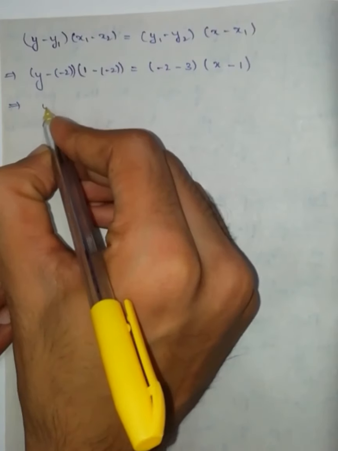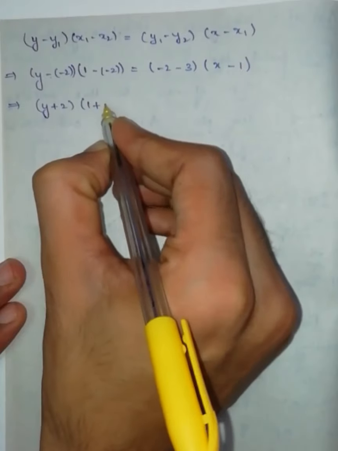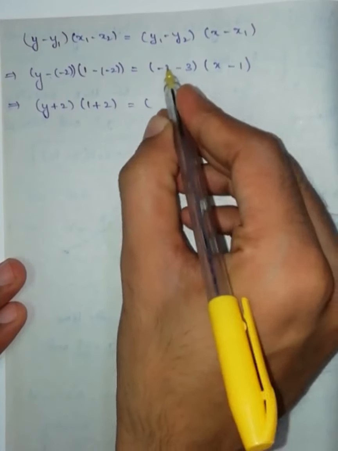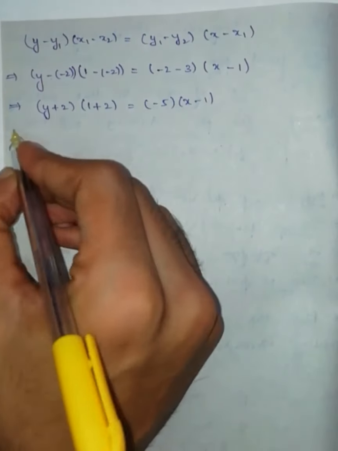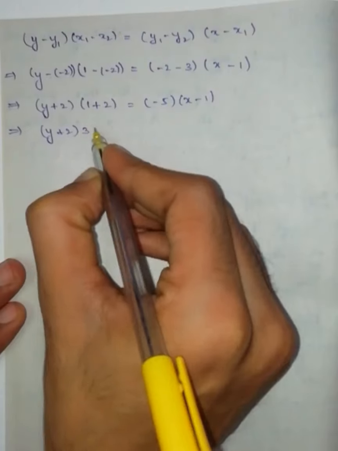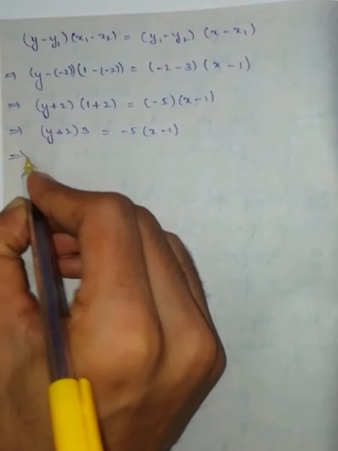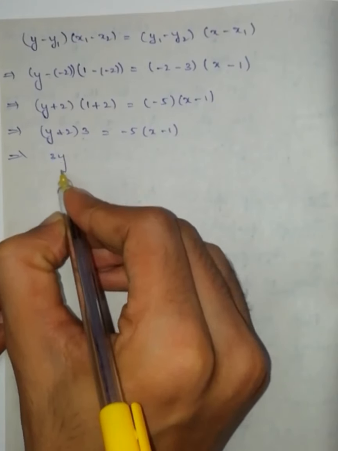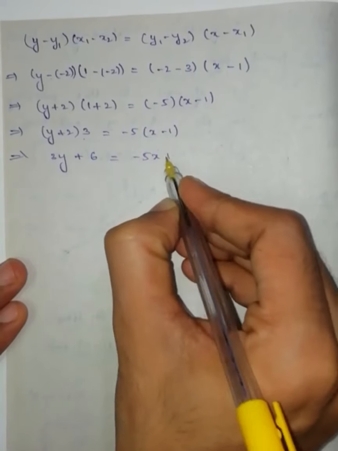This implies y plus 2 into 3 is equal to minus 5 into x minus 1. Now multiply 3 inside. 3y plus 6 is equal to minus 5x plus 5.